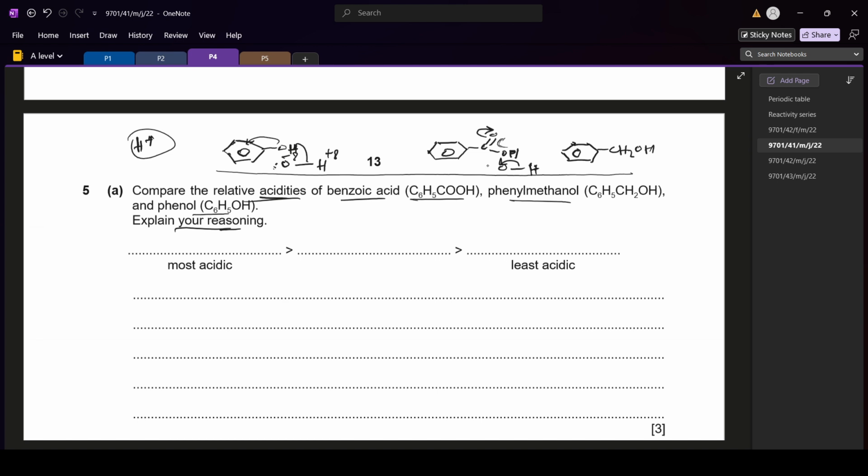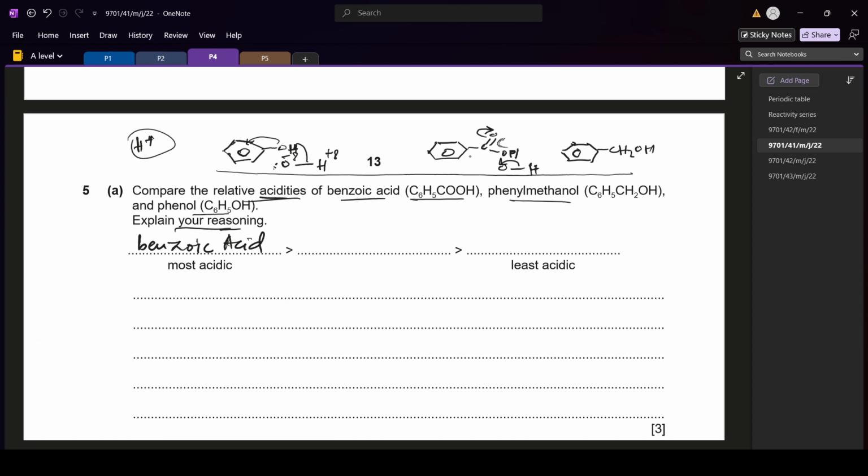So the OH bond is weakened because the lone pair on oxygen is now less available. So there is more polarization and the bond is weakened. In benzoic acid, there is more polarization as compared to phenol, so benzoic acid is more acidic.